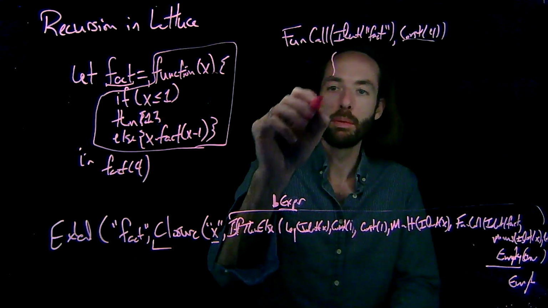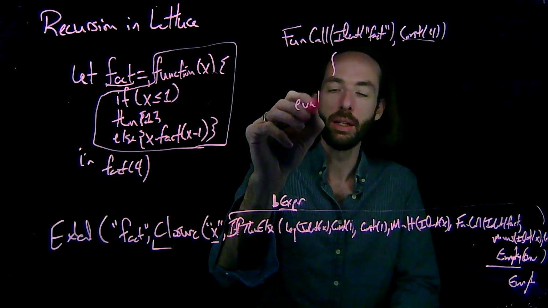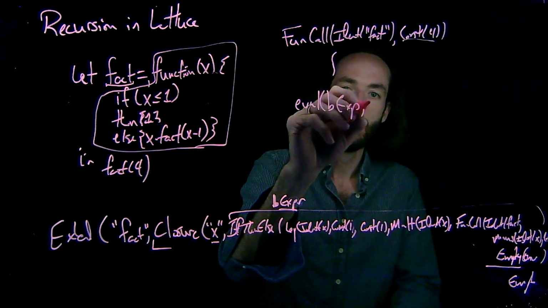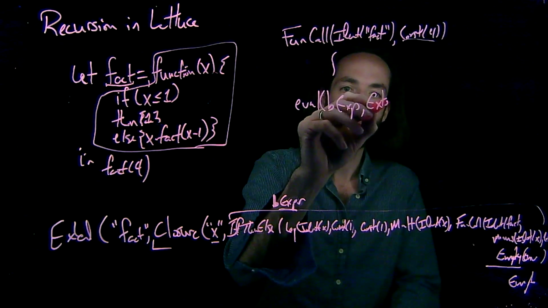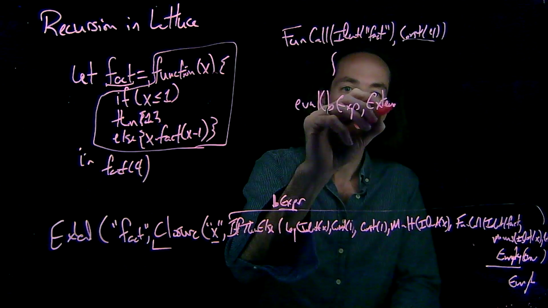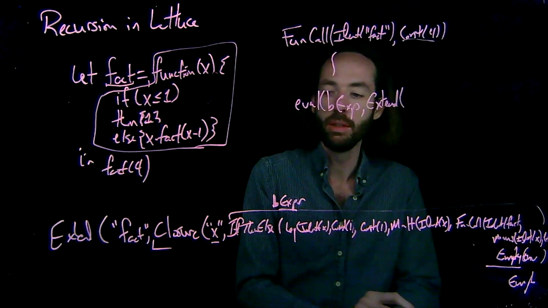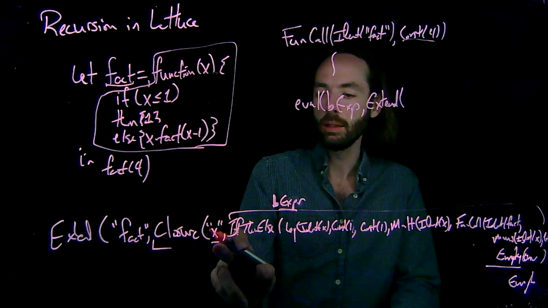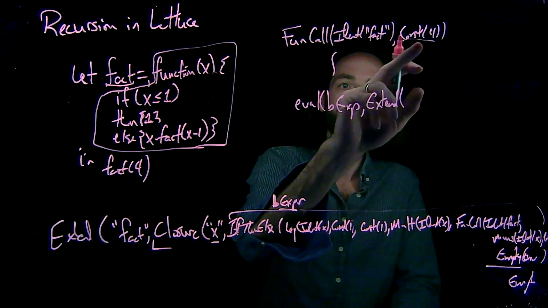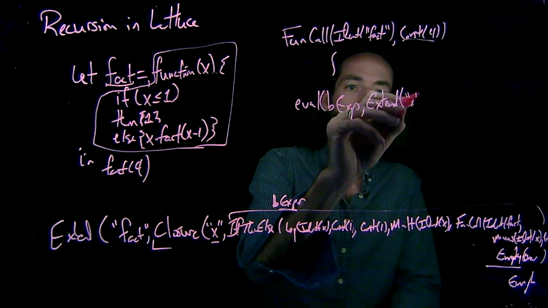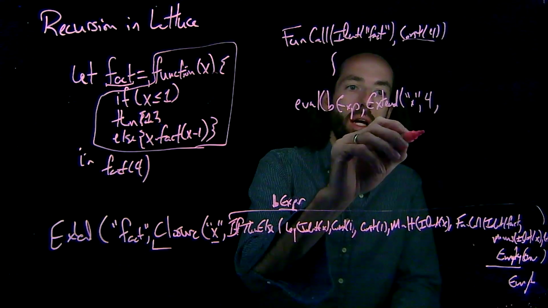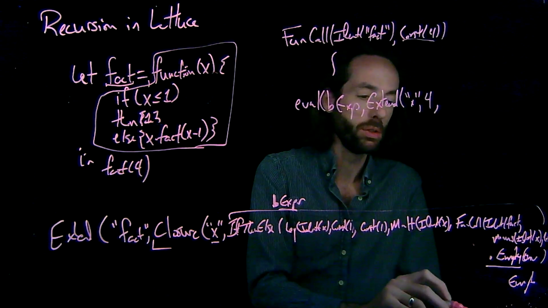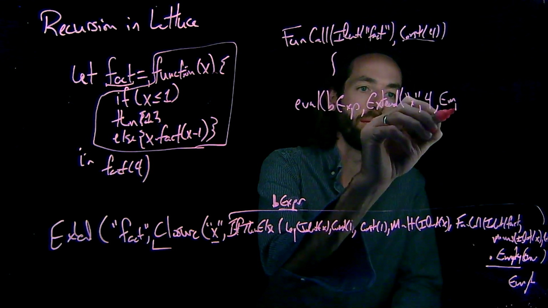And we're going to end up evaluating the body expression with the following environment: x bound to 4, and then the local environment of our closure, which is an empty environment.